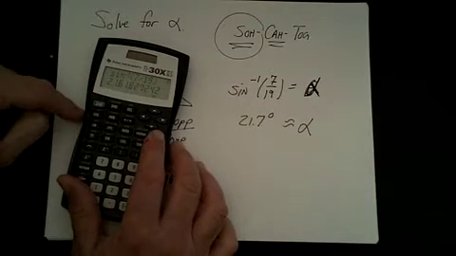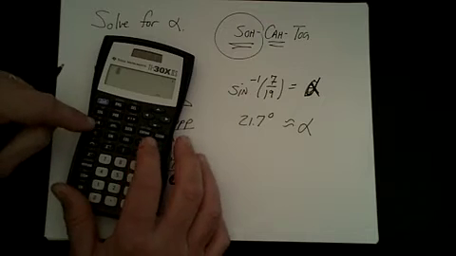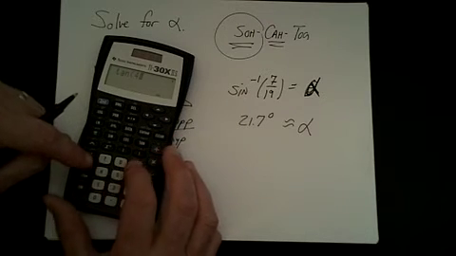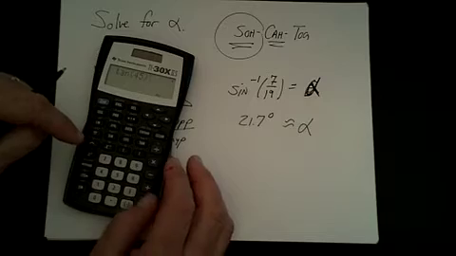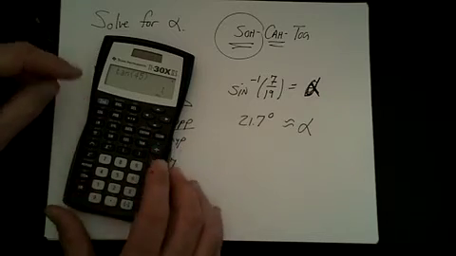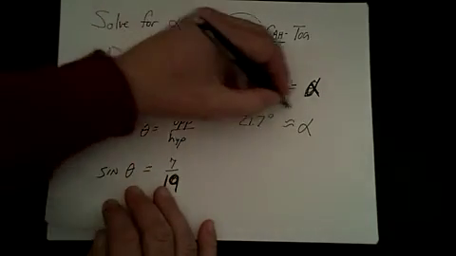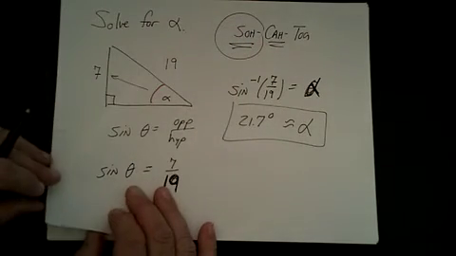You might want to check to make sure that you're on degrees. The way I check is I go tan of 45. I memorized that the tan of 45 is 1. If I get 1, it's in degrees. In this case, it is. So alpha is equal to 21.7 degrees.